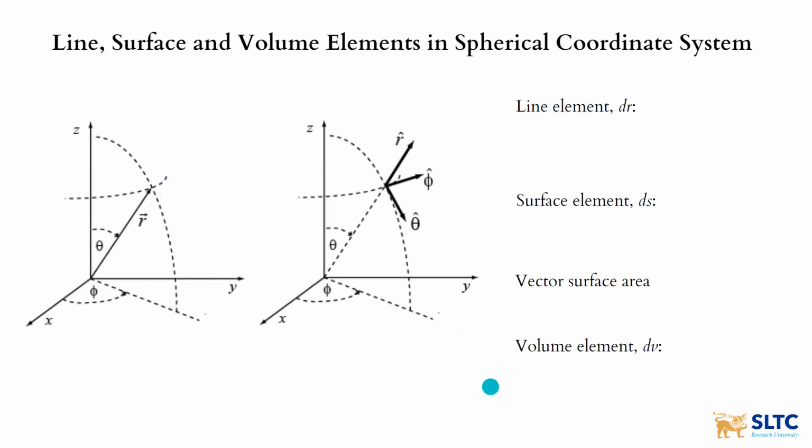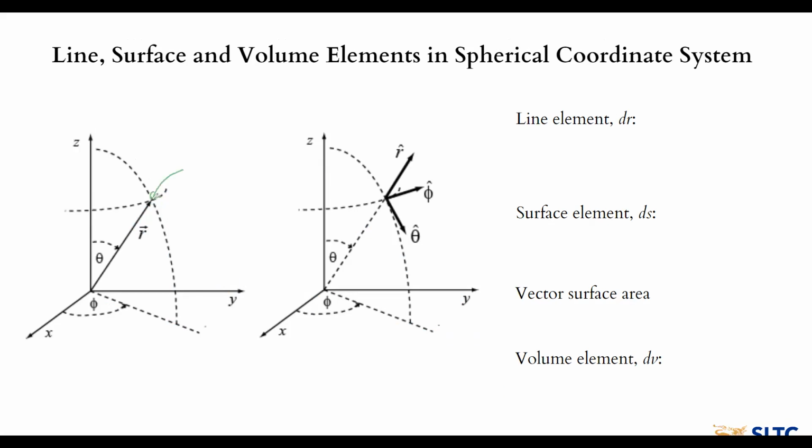Here we are considering a specific point, and we are trying to give its location based on the spherical coordinate axes. This specific point we can define using the unit vectors along the radius axis, the phi axis, and the theta axis.